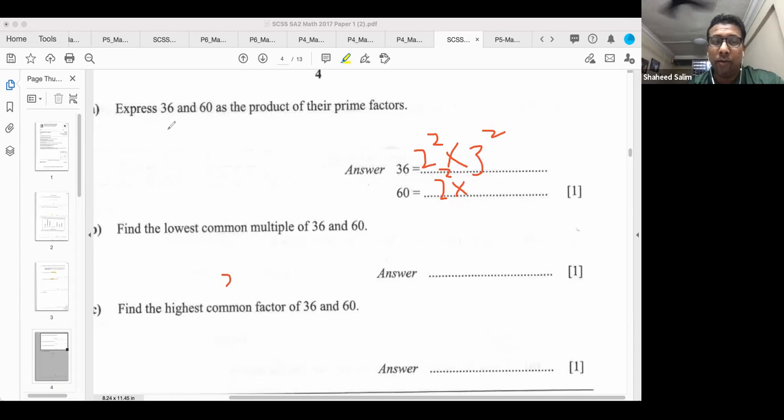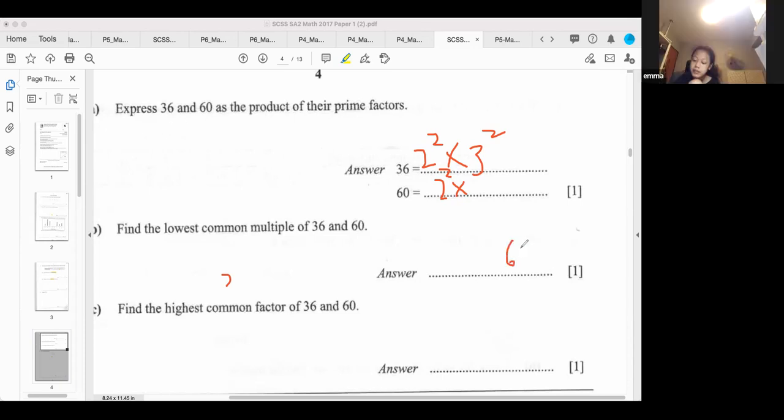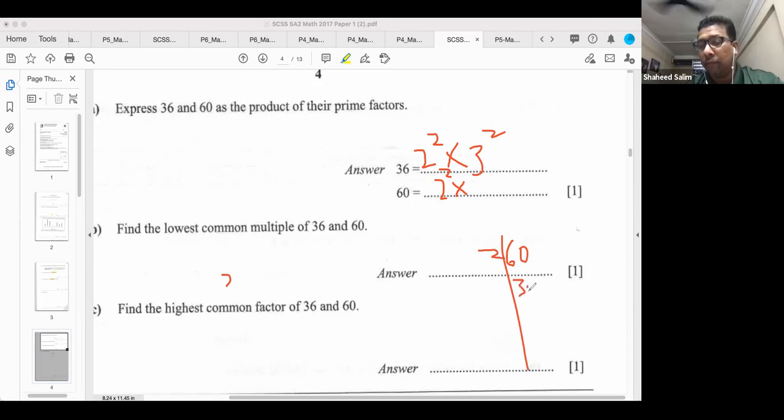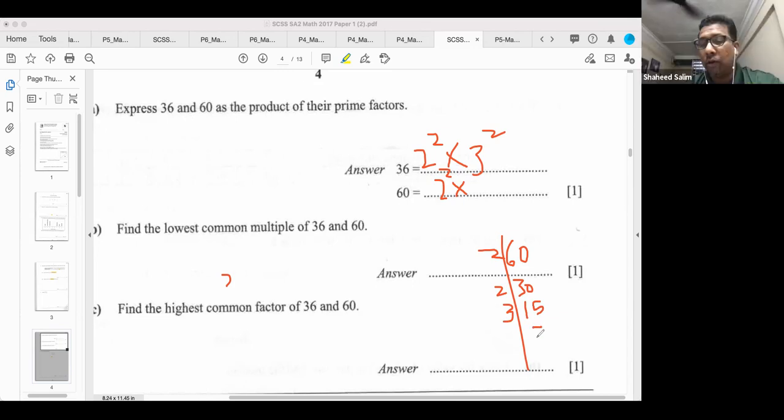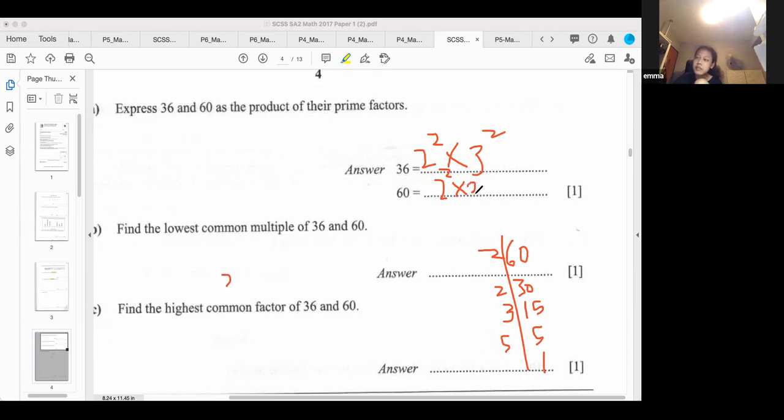Are you sure? You know how to do this one? Like that. Divide by 2, 30. Divide by 2, 15. We can move to 3, 3. 5 times 5, 25, you know. So down here you get... Correct. So it's 2 times 3 times 5.